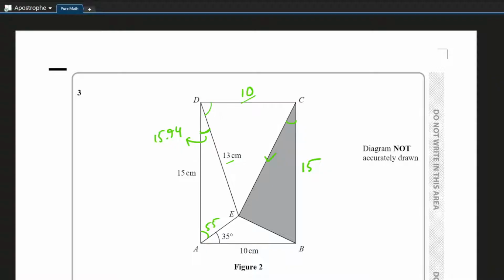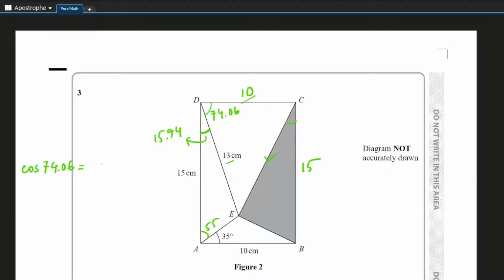If this is 15.94, then this angle is 90 minus 15.94, 74.06.